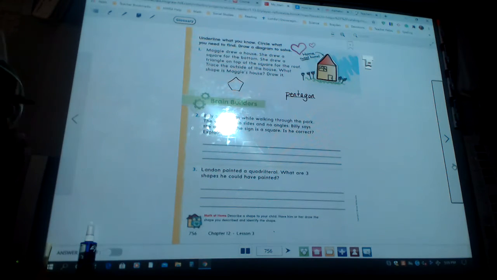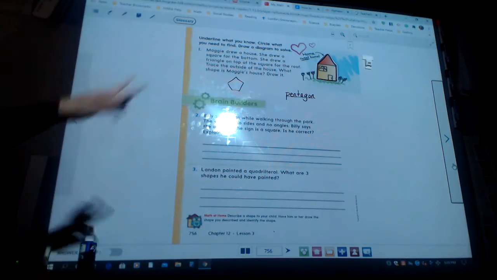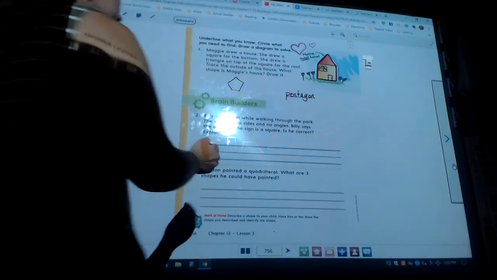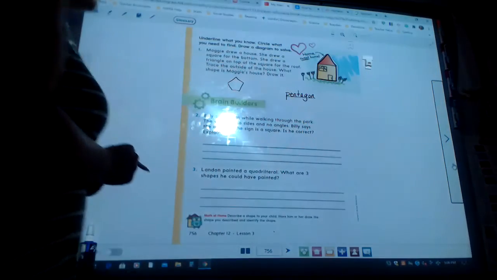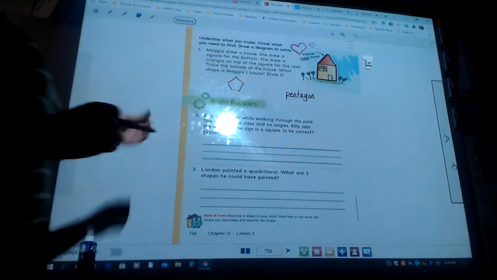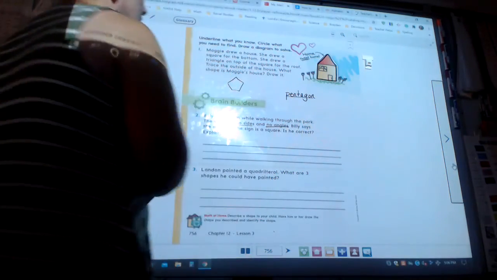All right? Last two. These are brain builders. The first one says, Billy saw a sign while walking through the park. The sign had no sides, no angles. Billy says the shape of the sign is a square. Is he correct? Explain. So it says there are no sides and no angles.